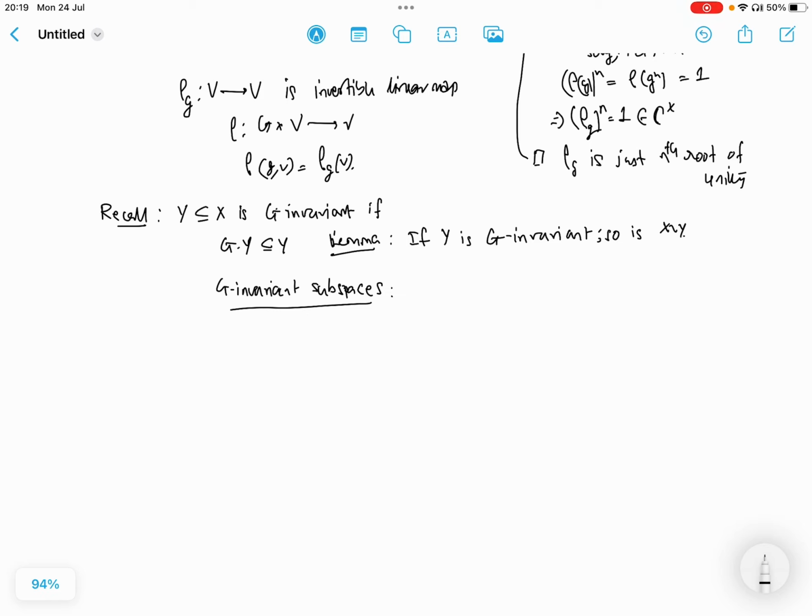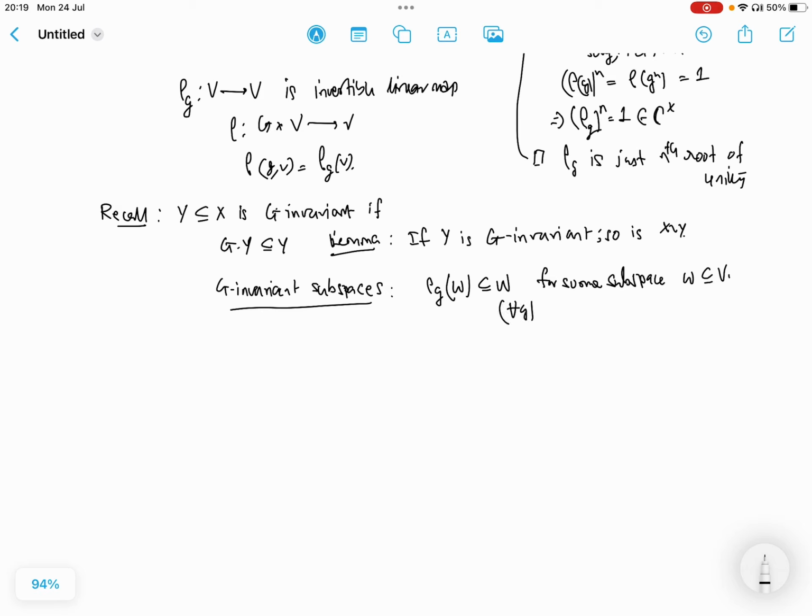The definition is again the same. A subspace is G invariant means rho G of this is inside this, for some subspace, say W of V, for all G of course.